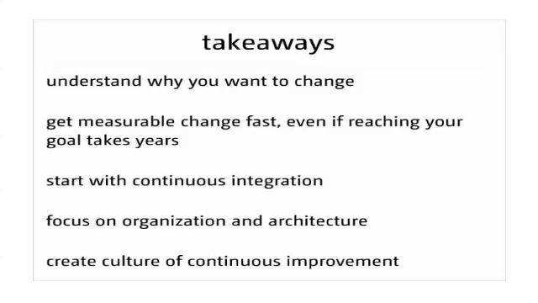You want to make sure that even if the initiative is going to take a long time to achieve your goals, you want to show measurable change fast. You want to be able to demonstrate, here's some low-hanging fruit, here's some problems we can solve in the first few weeks, or at most a month or 2, that demonstrates that we're actually making a difference to people's lives, and that's really important.